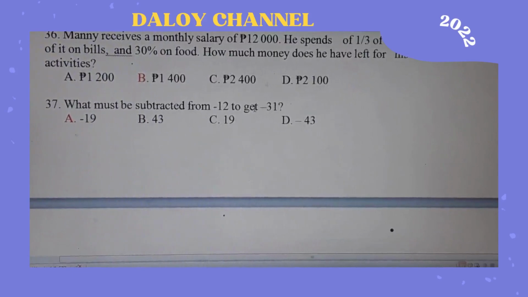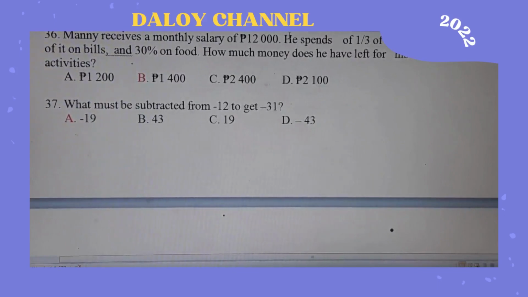So it runs a quite longer solution. What we're going to do is to find out the value of 1/3 for the rental amount with respect to the 12,000 pesos income, and find out another 1/4 value out of the salary for the bills, and 30% you take out from the salary for food.